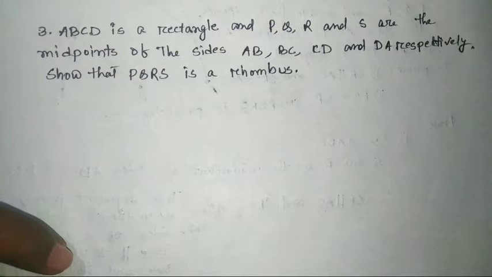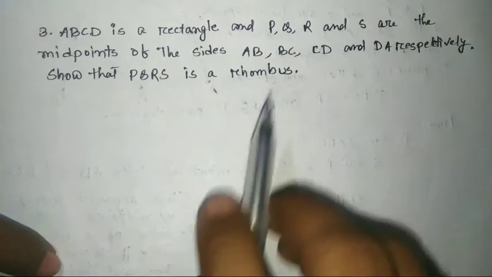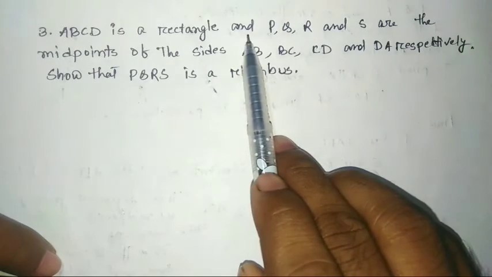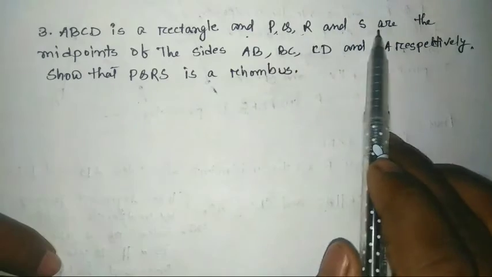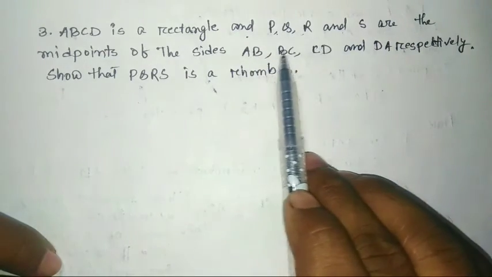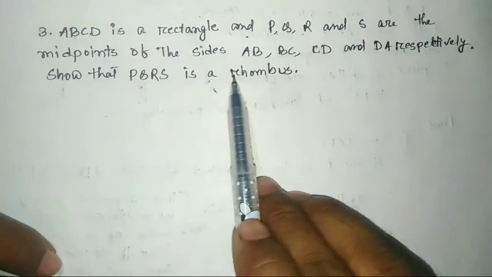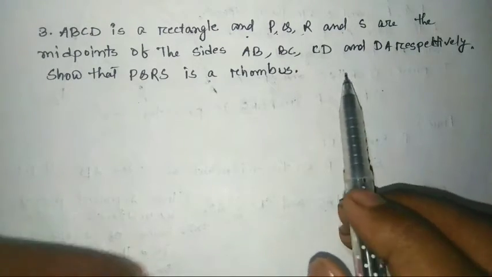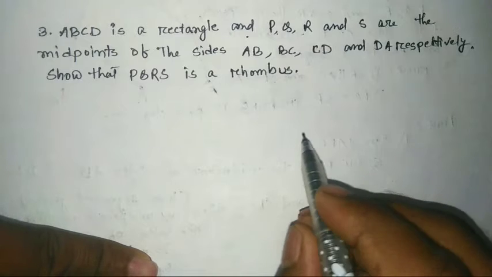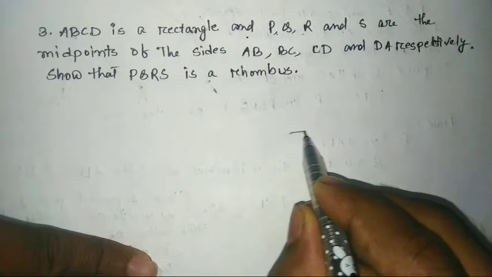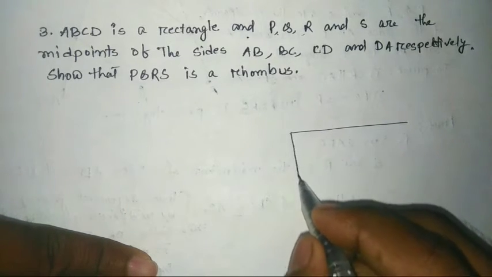So let's see question number 3. Question number 3 is that ABCD is a rectangle and P, Q, R and S are the midpoints of the sides AB, BC, CD and DA respectively. Show that PQRS is a rhombus. That means we are given ABCD is a rectangle.